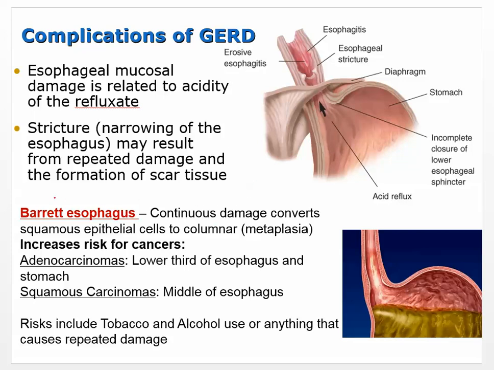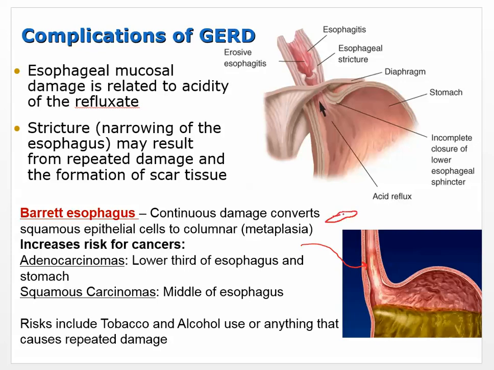tissue. And another big one that you need to know is Barrett esophagus. It's pretty specific because you're causing damage to this area above the lower esophageal sphincter in the esophagus, but it's something known as metaplasia, and we've talked about metaplasia. Metaplasia is changing from one cell type to another.